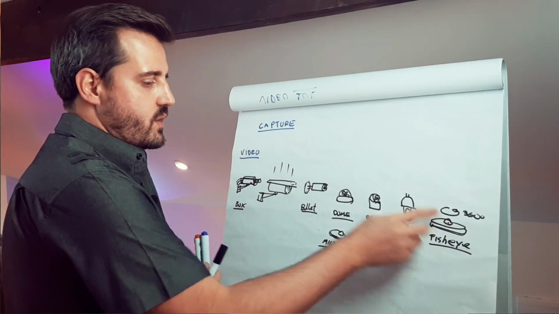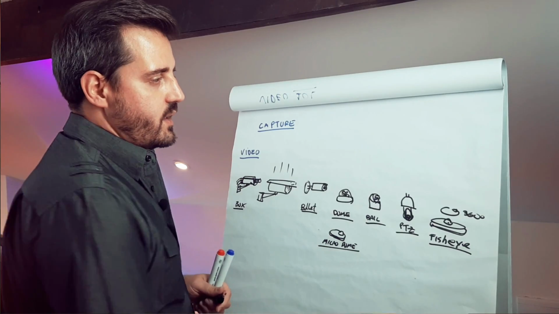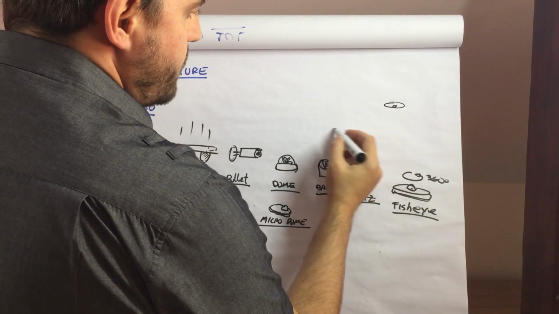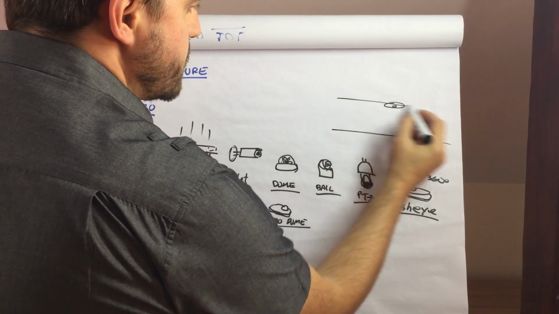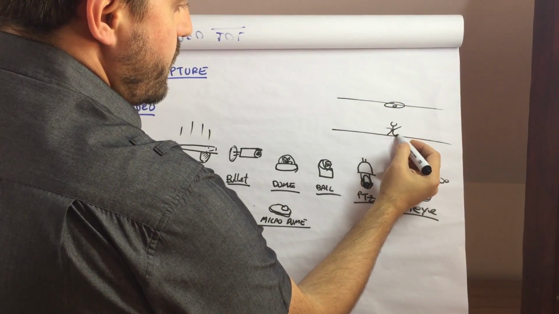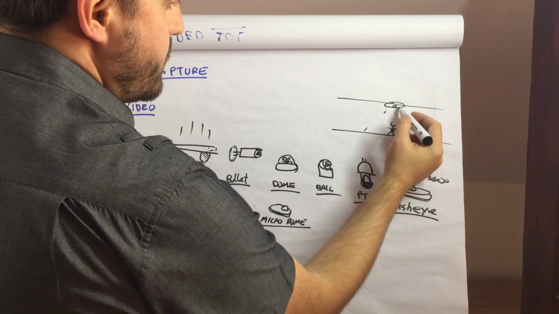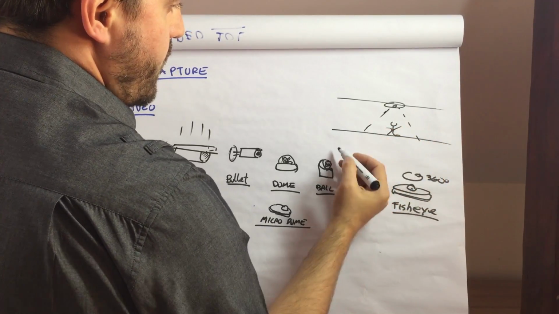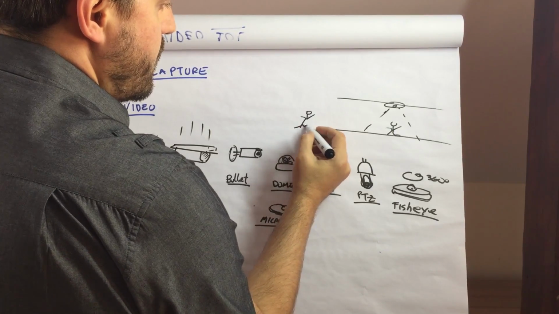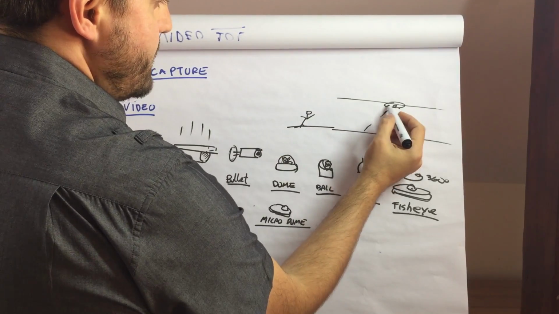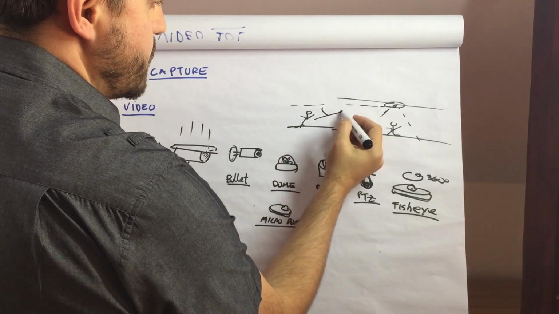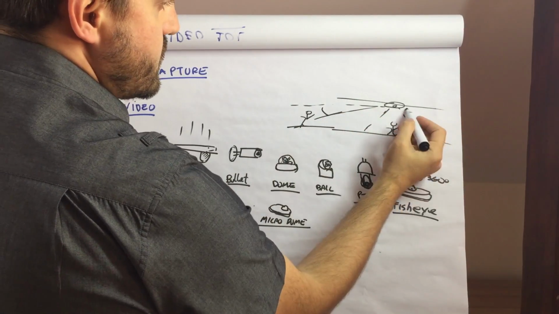Okay, so if you install this camera in the ceiling, you have this camera here, for example, and here's the ground, here's the ceiling. If you have a person here, they are in the highest resolution possible for the camera, but if you have a person like here, these areas start to have a very low resolution, and this other one as well.